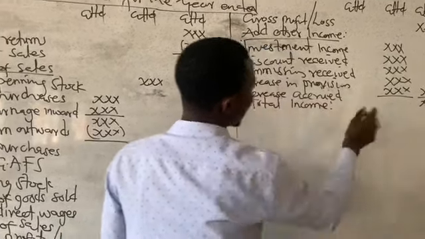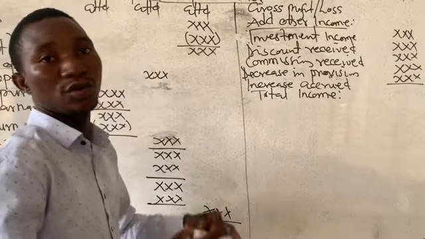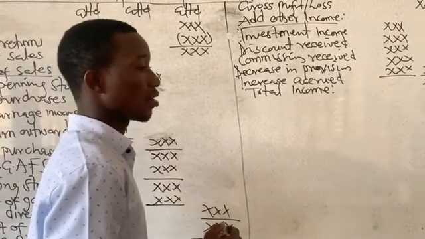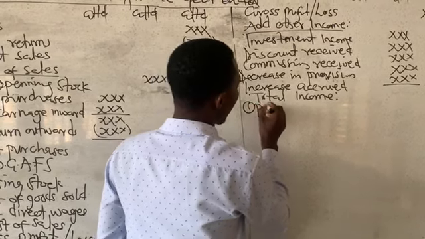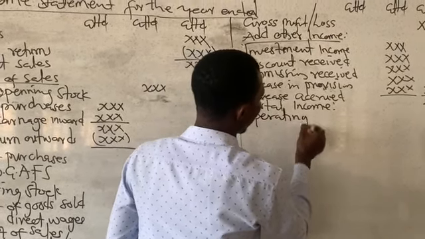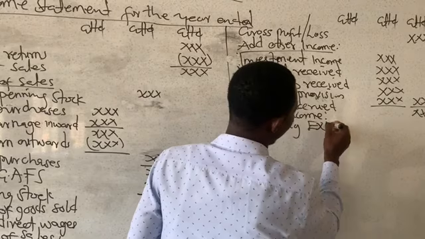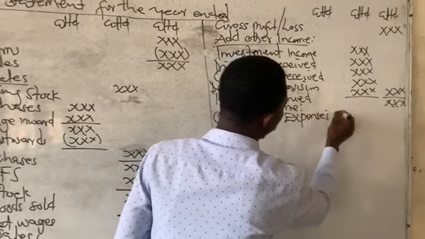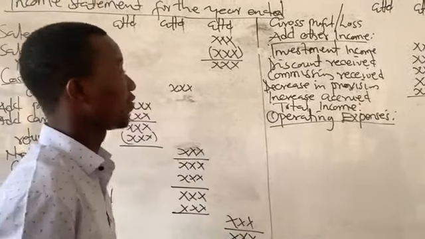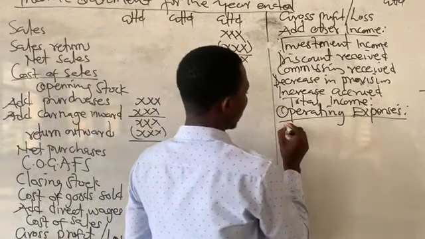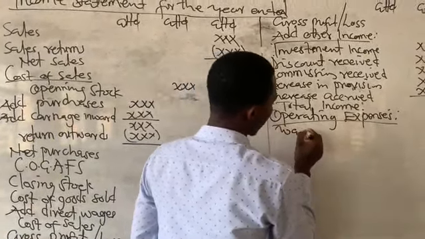Is that okay? So you get your total income. After that, you less all the indirect expenses. So under our operating expenses, that is the indirect aspect. You match it against the revenue. You may have maybe wages and salaries.